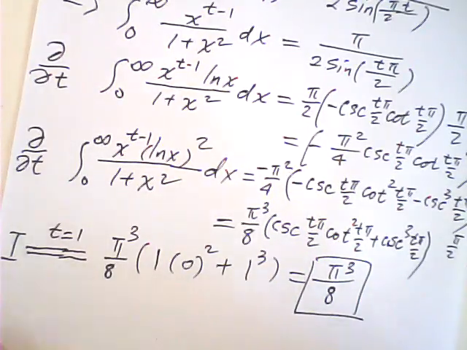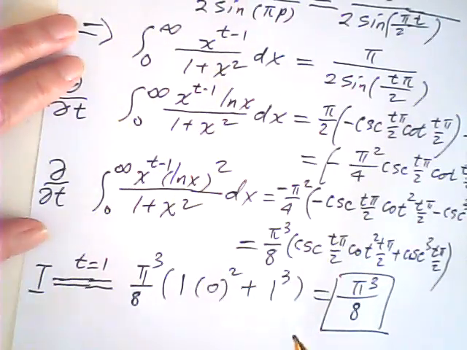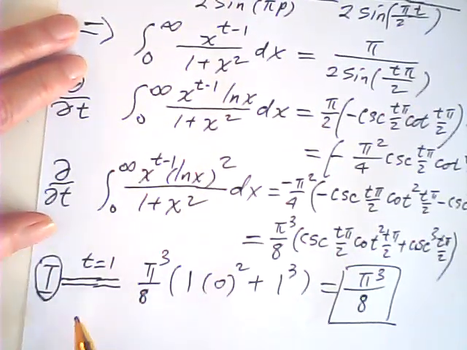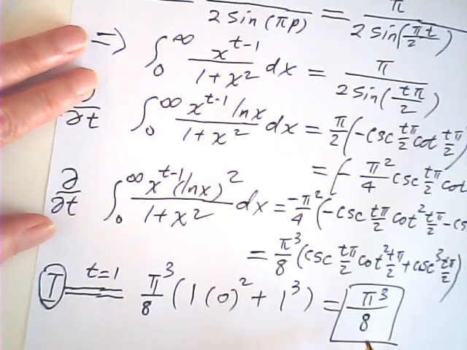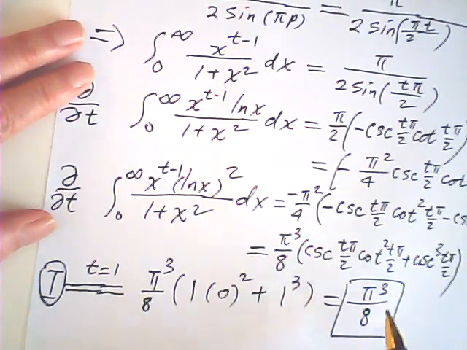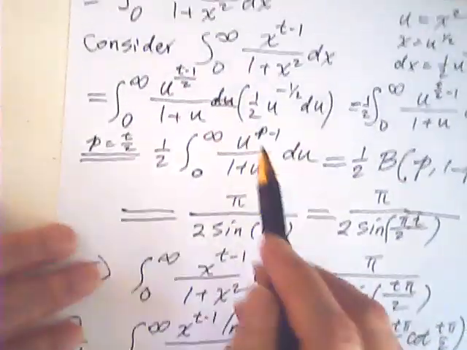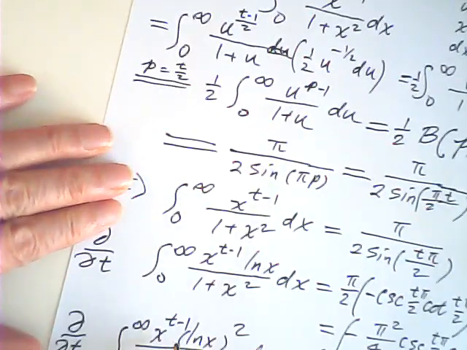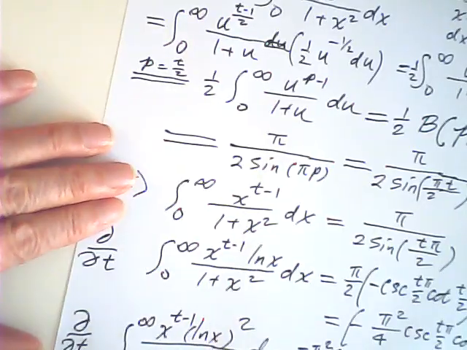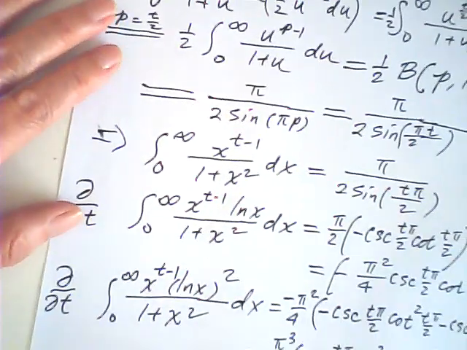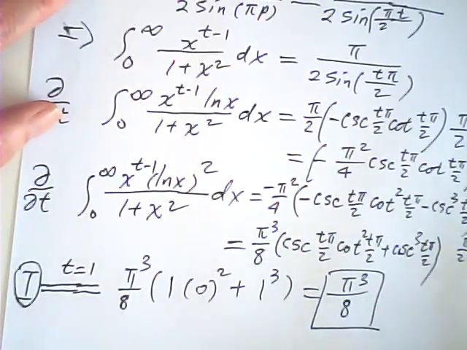Yeah, that is my result. So my I is equal to pi cubed over 8, because my I is when t equals 1. Okay, I think this is a good method.